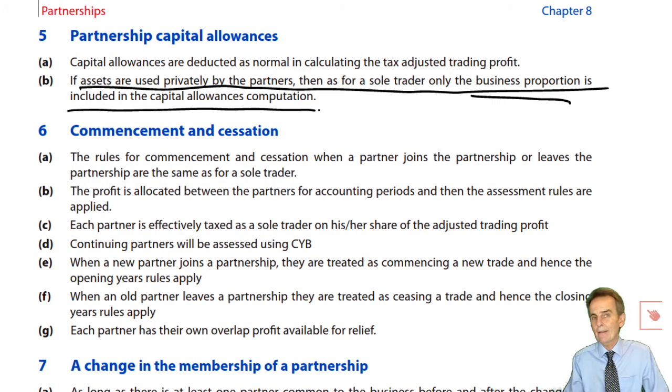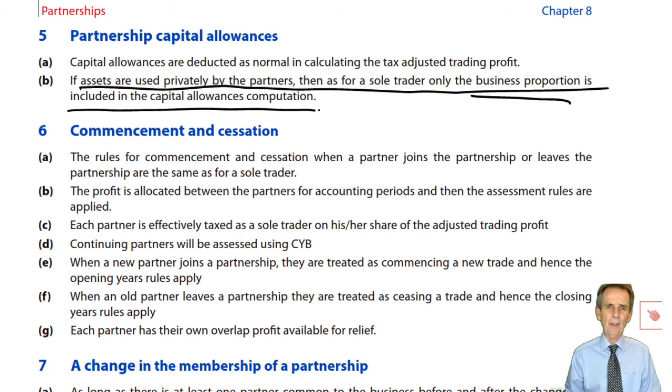When a new partner joins, for that individual, that is a new business. So having, as we do for any accounting period, split the profits using the agreements in force during the accounting period, one with the previous number of partners, the next for the final bit of that period, after the new partner has joined, with the extra partner involved.